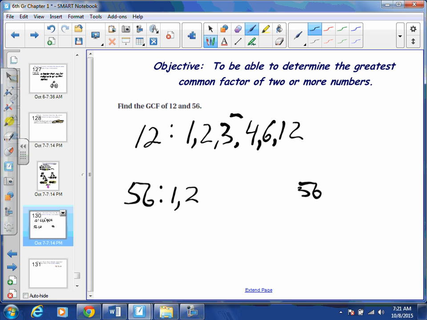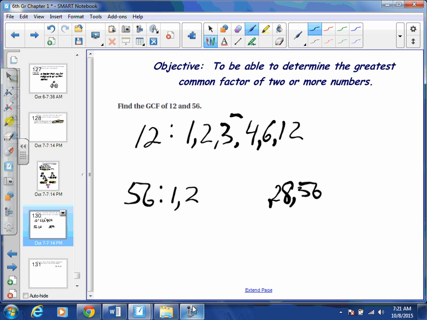2, see now, I really have to think here. If I wanted to take 2 times something to get 56, I would do 2 times, anybody? Going once? Going twice? 28. All right, how about 3? Does 3 go into 56? It does not. How about 4?